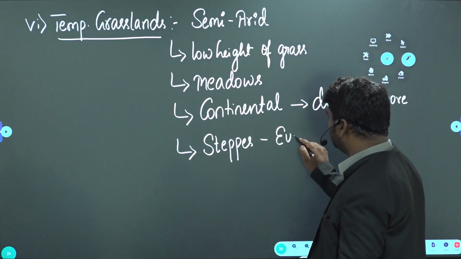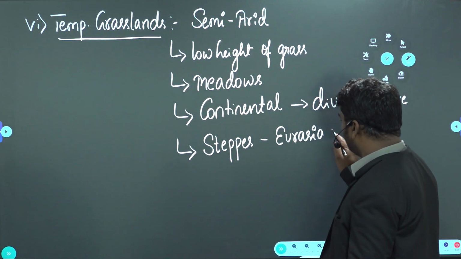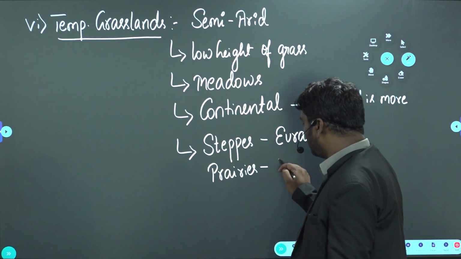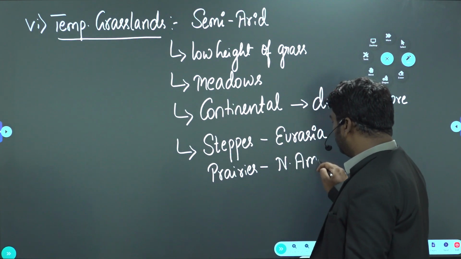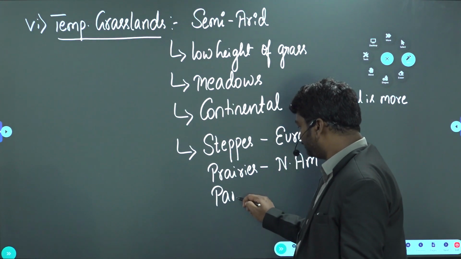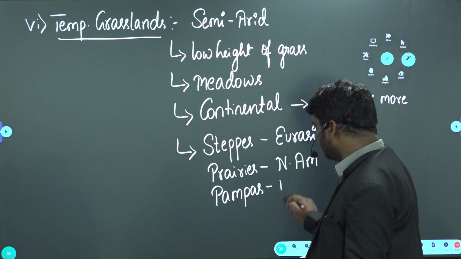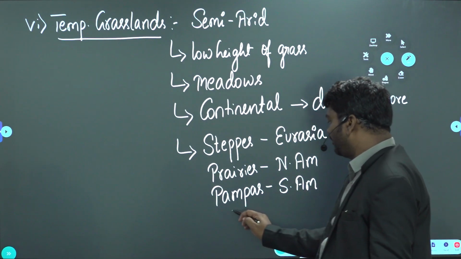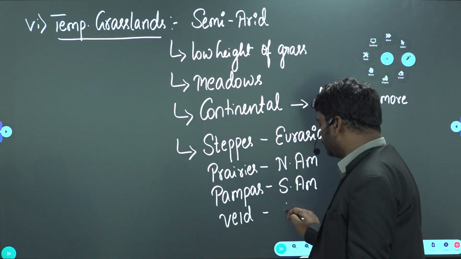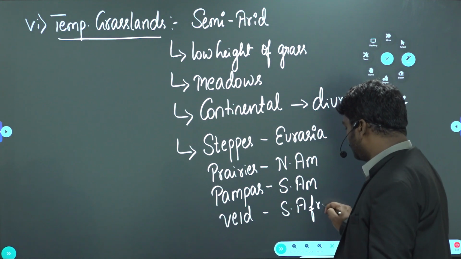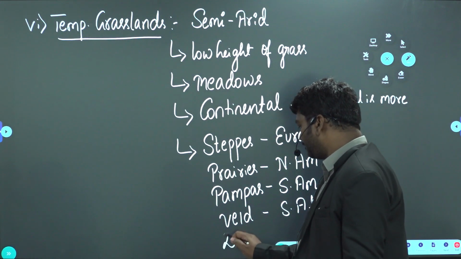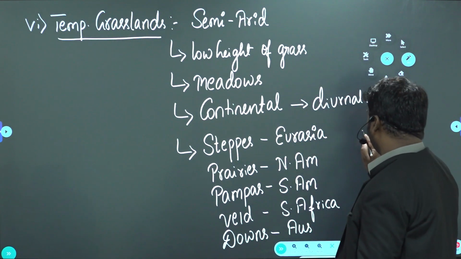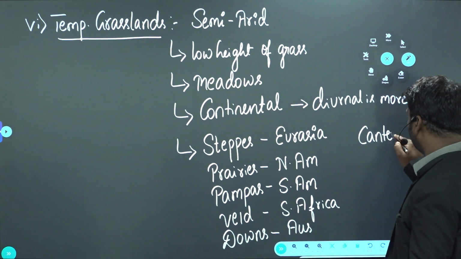Where do you find steppes? Eurasia, Europe and Asia. Match the following can be asked. North America, prairies. Where is Pampas present? Yes. South America. Where is Veld, guys? What is present in Australia? What is present in New Zealand?